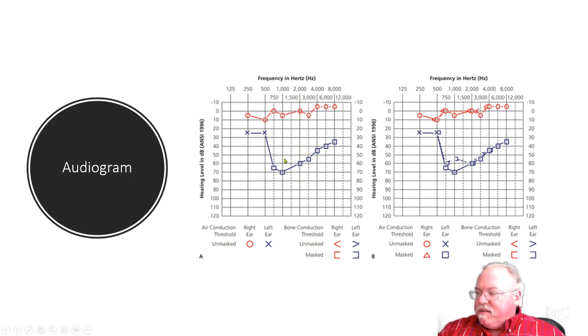But in their left ear, it has to be up about 65 decibels for them to be able to hear that sound. At 1,000 hertz in their right ear, they can hear about 5 decibels. But for their left ear, it has to be at 70 decibels for them to hear. That's pretty loud. And so that's what a hearing aid audiogram looks like.